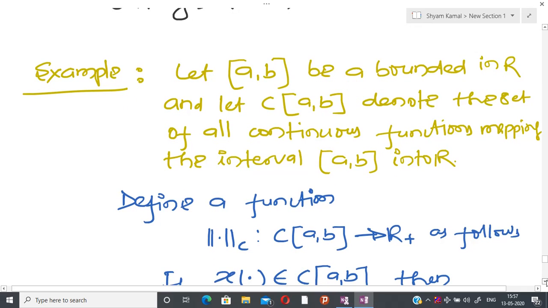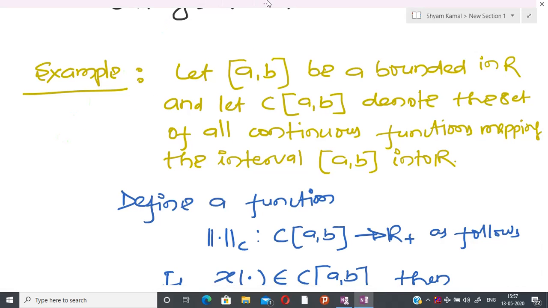Now what I am going to consider is a bounded interval [a, b] in R, and I am considering some kind of continuous function which maps from [a, b] to R. We have already considered this kind of thing.